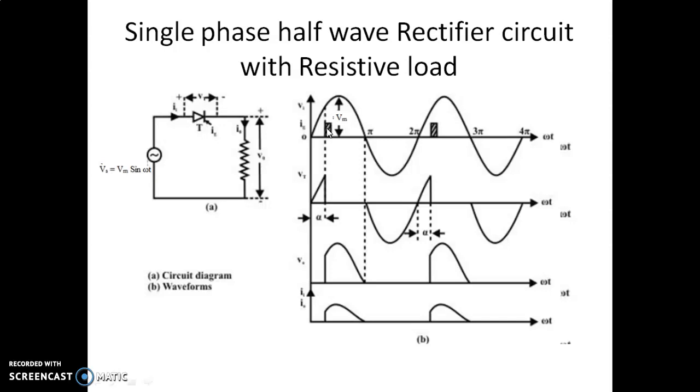As the gate pulse is applied, the thyristor turns on and the voltage across the thyristor becomes 0. When the thyristor is not conducting, the input voltage will come across the thyristor. That is what we are seeing here.